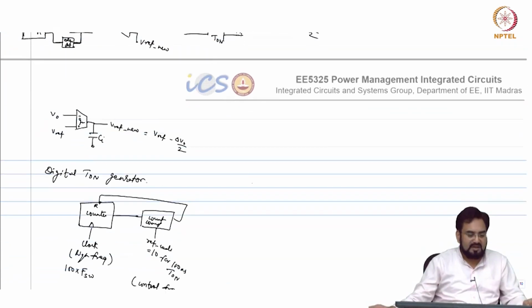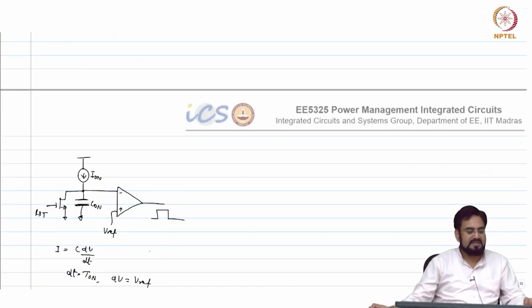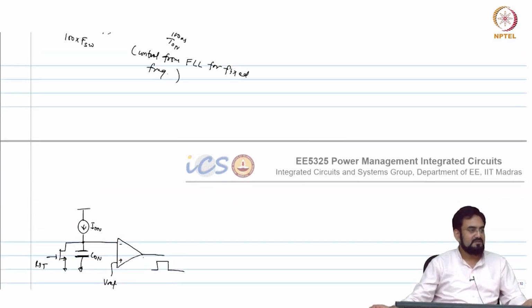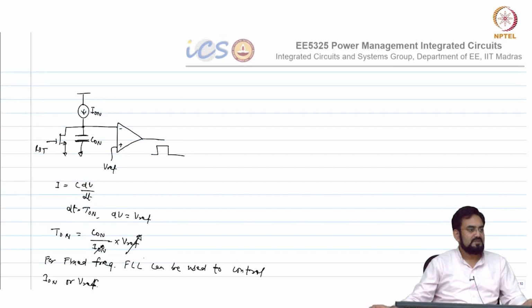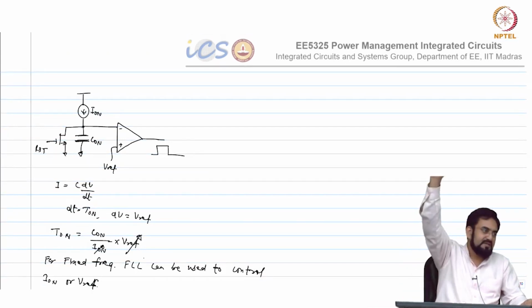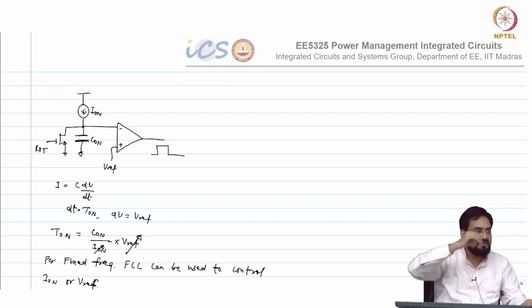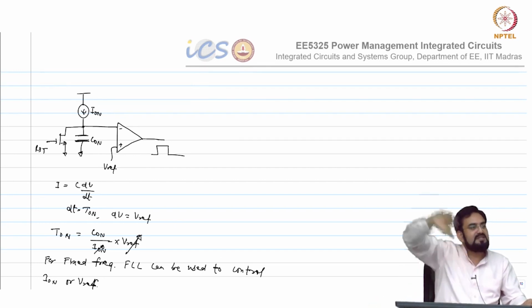So now think about it, let us say I am using constant off time. I am limiting the peak, and if using on time I am limiting the valley only. So in constant on time, my peak is free to go anywhere.